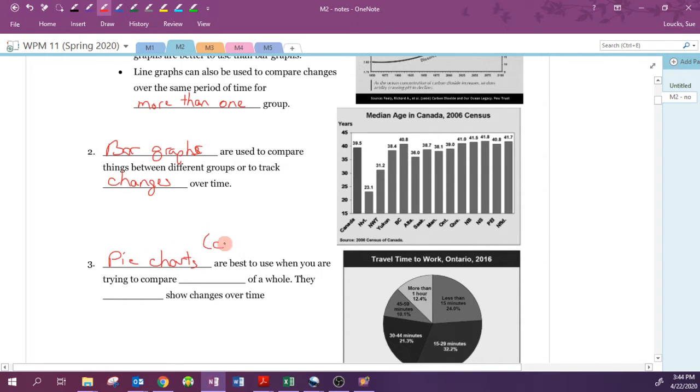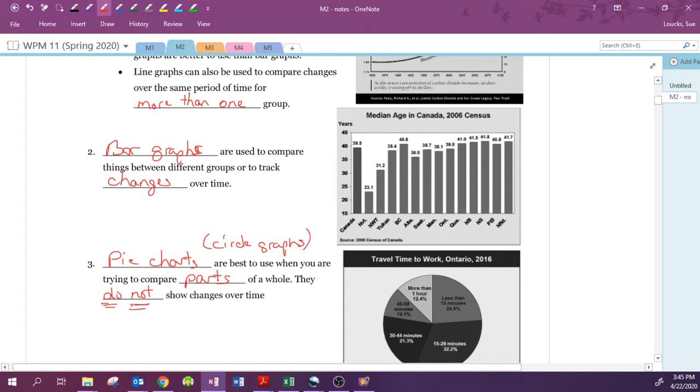They're also called circle graphs. And they are best to use when you're trying to compare parts of a whole. They do not show changes over time. Okay, that's really important. We won't be drawing any of those in this course, just so you know.